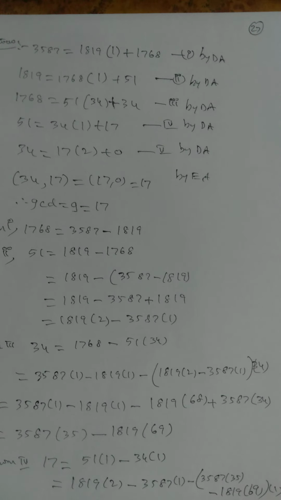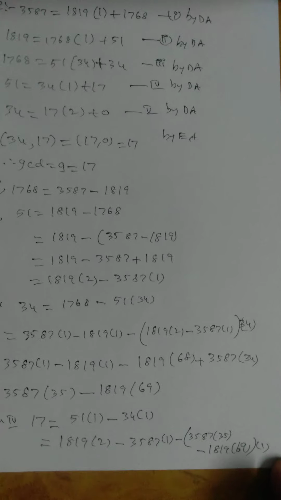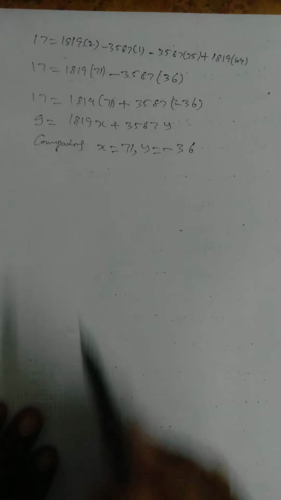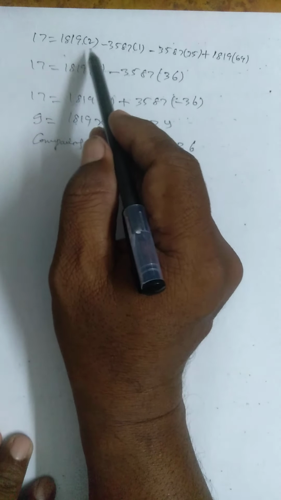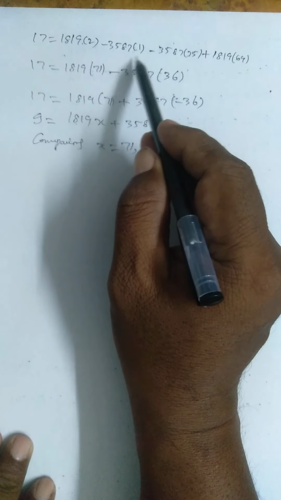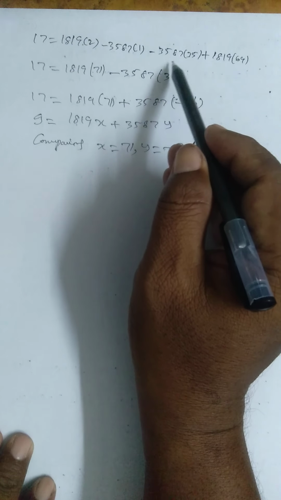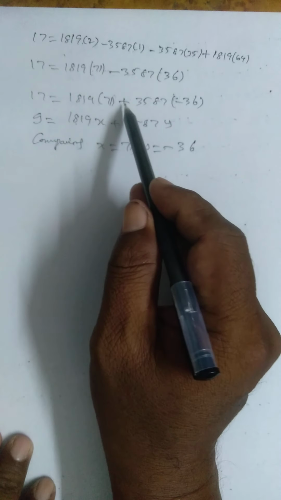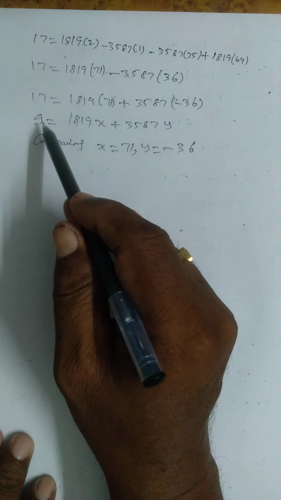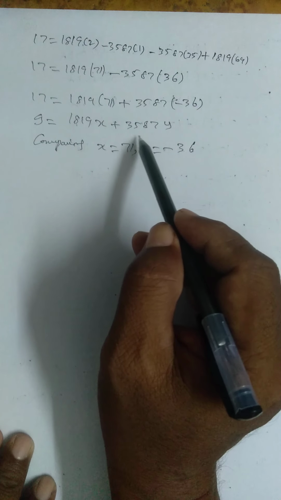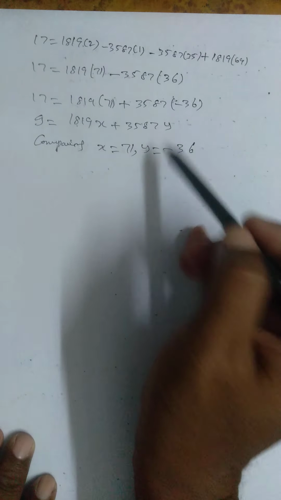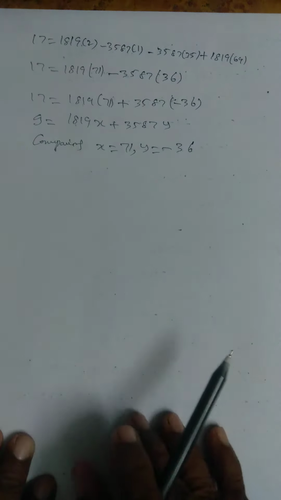You need not write 1. No problem. So 17 is equal to 1819 into 2 minus 3587 into 1 minus 3587 into 35. So 69 plus 2 is 71, 35 plus 1 is 36. So you write minus 36. Your G is equal to 1819x plus 3587y. Comparing, x value 71, y value minus 36.